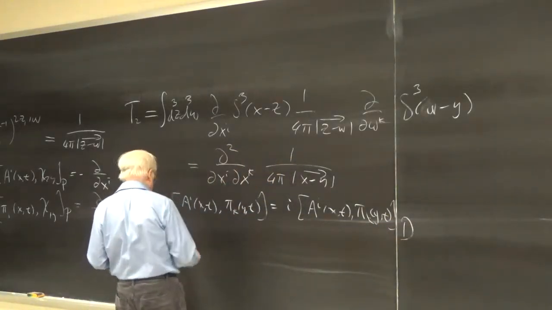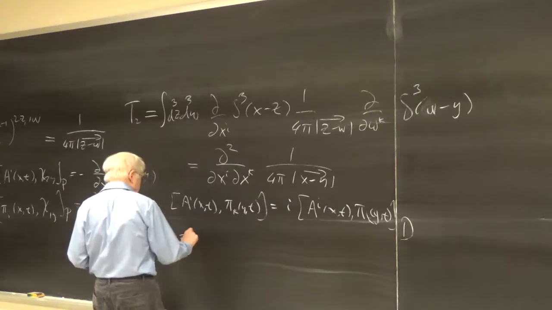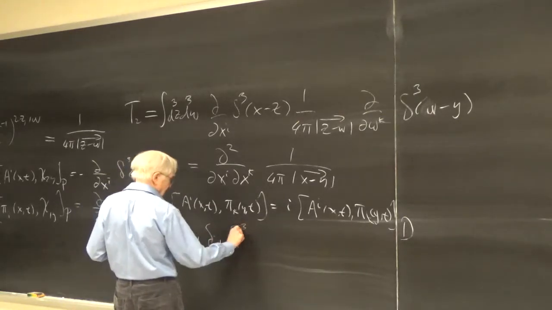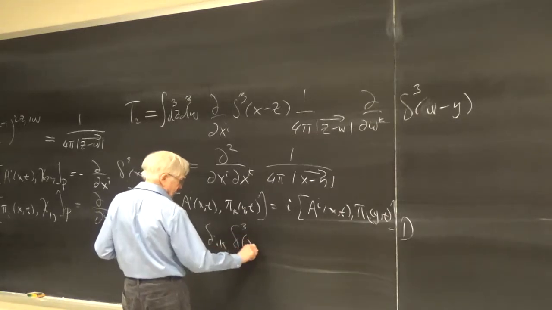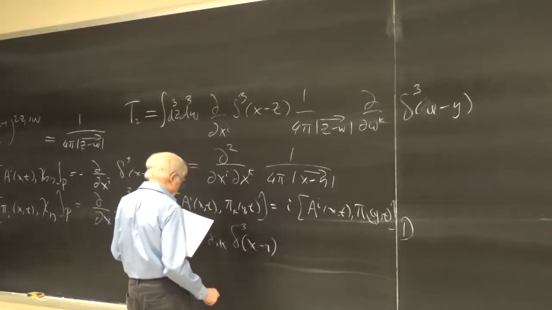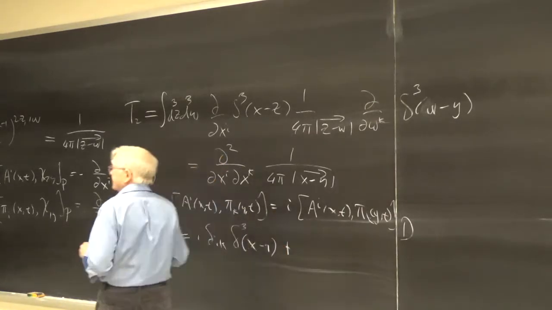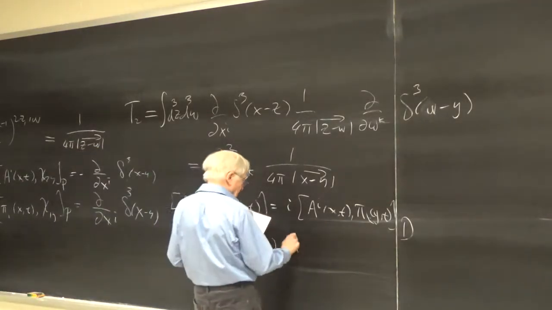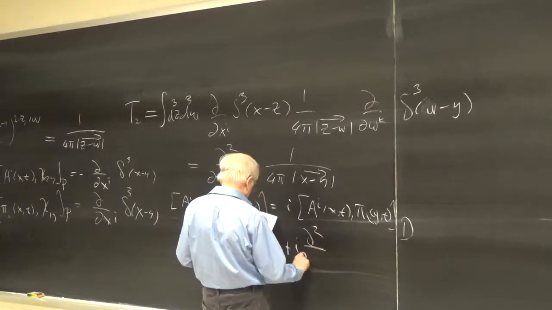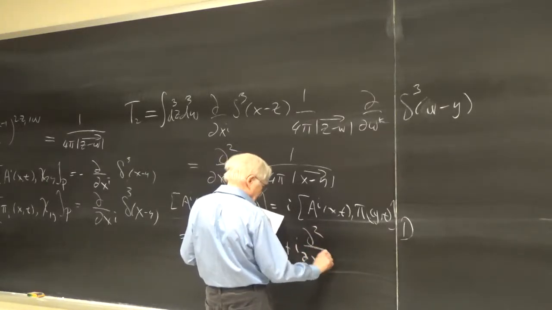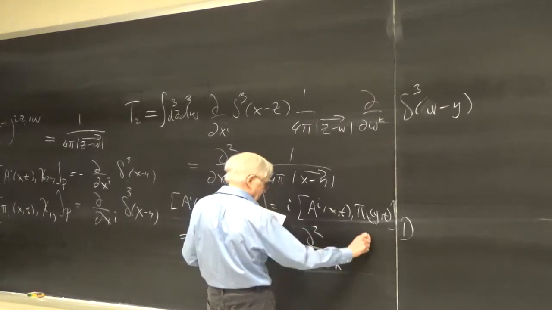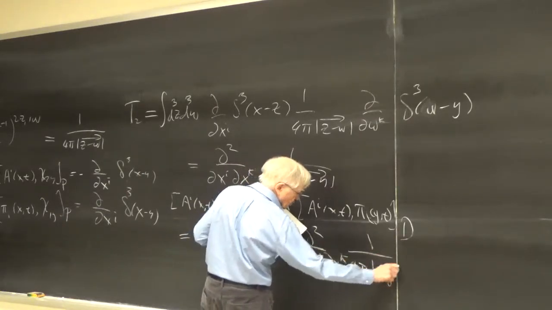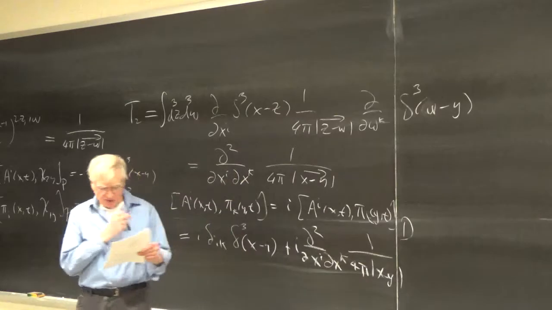And so this is the naive quantum commutator, delta_ik delta cubed(x minus y), and then it's i times T2, which is i times partial_i partial_k of 1 over 4 pi |x minus y|. It's another typo.